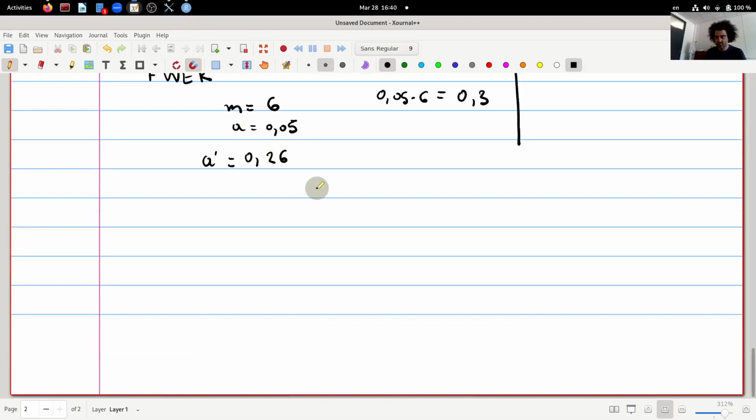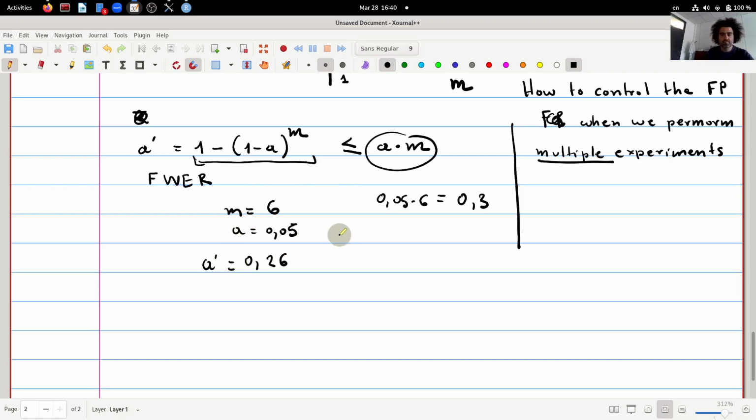Okay. So let's suppose that we do m experiments, and the family-wise error rate has this relationship here with the significance level for one experiment, and this relationship here with alpha and m.